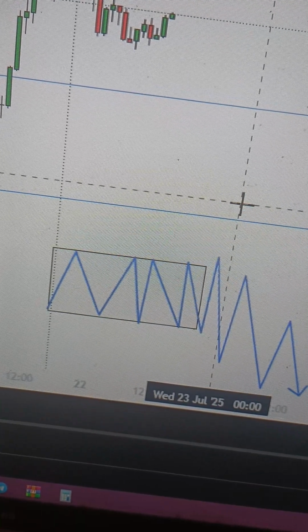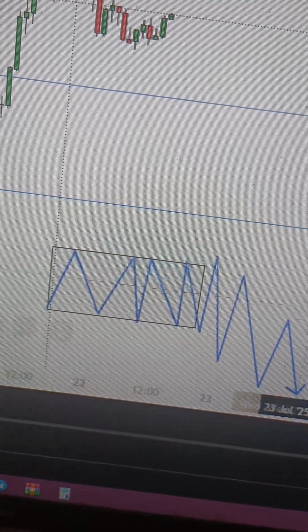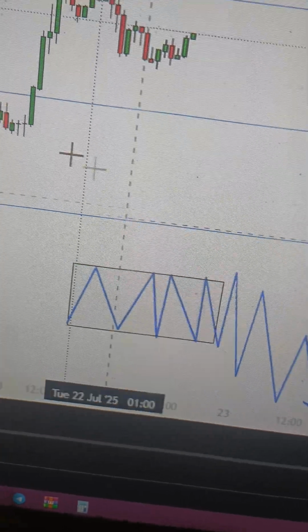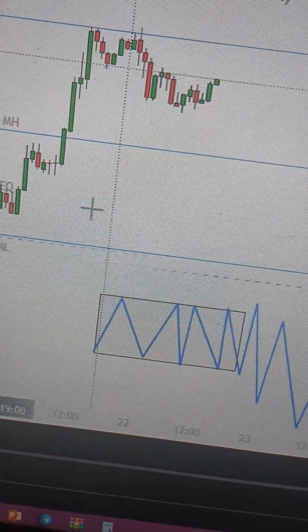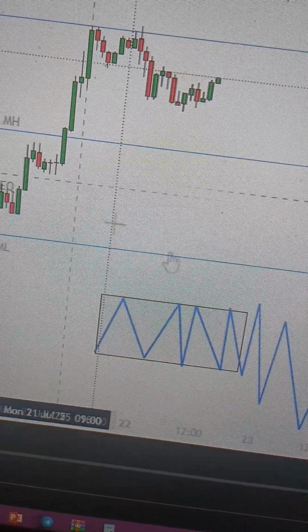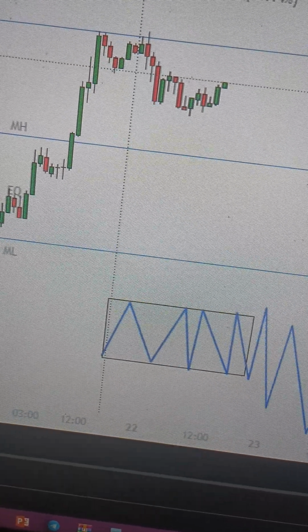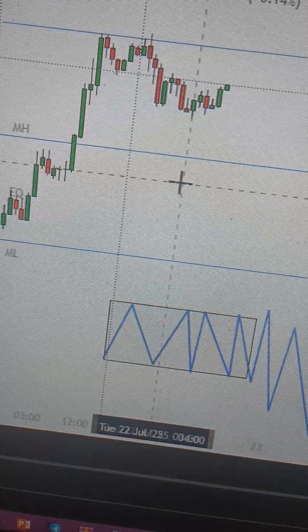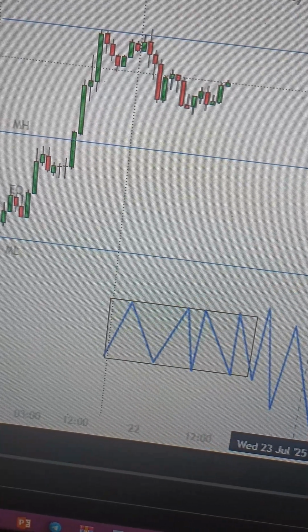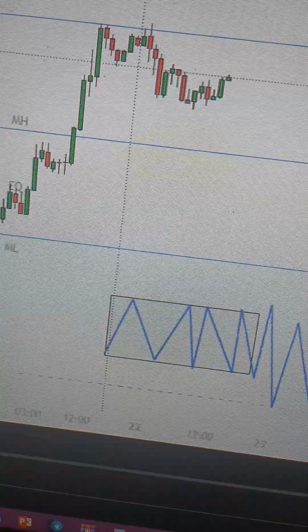If we break, we wait for a retest. This will be our weekly range. These are the ranges that we will be dealing with for the rest of the week. Either we are dealing with a market that is going above and continuing above, or a market that is going below and breaking the structures going down.